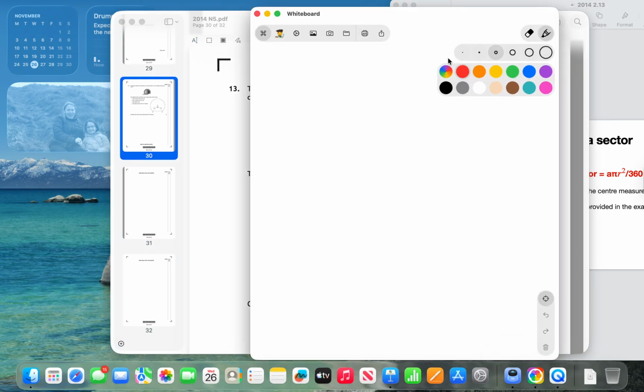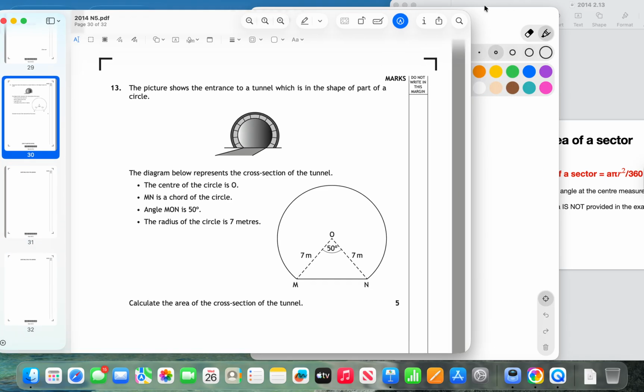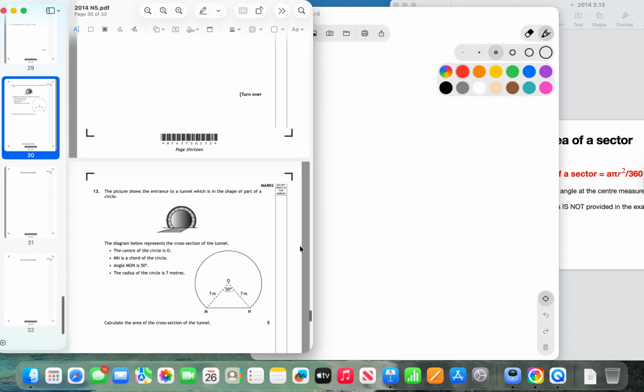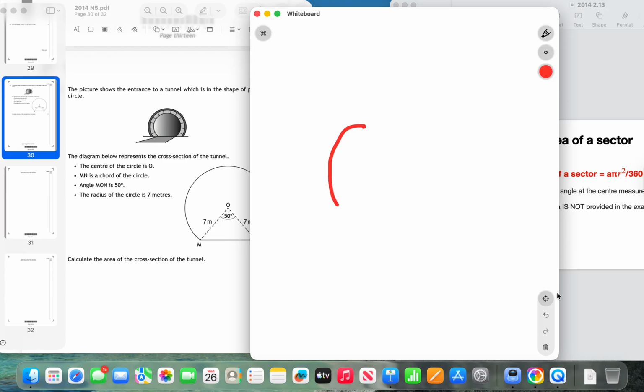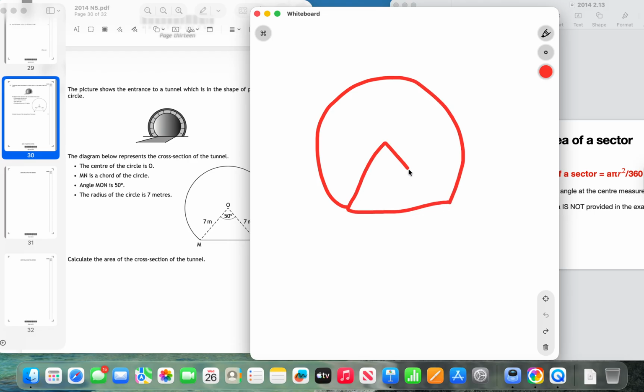Because if I draw this, you have this. I'm not the best artist, but as long as you get the picture, you get 1 and 2.